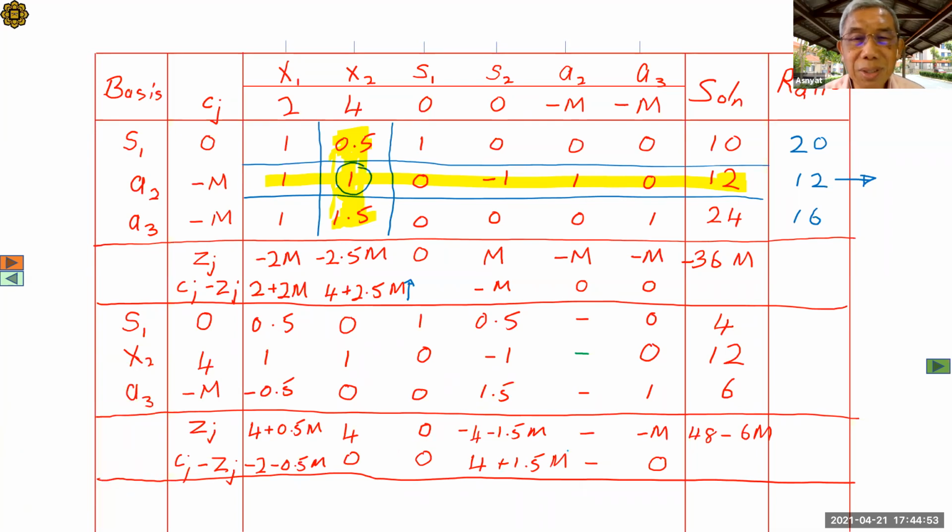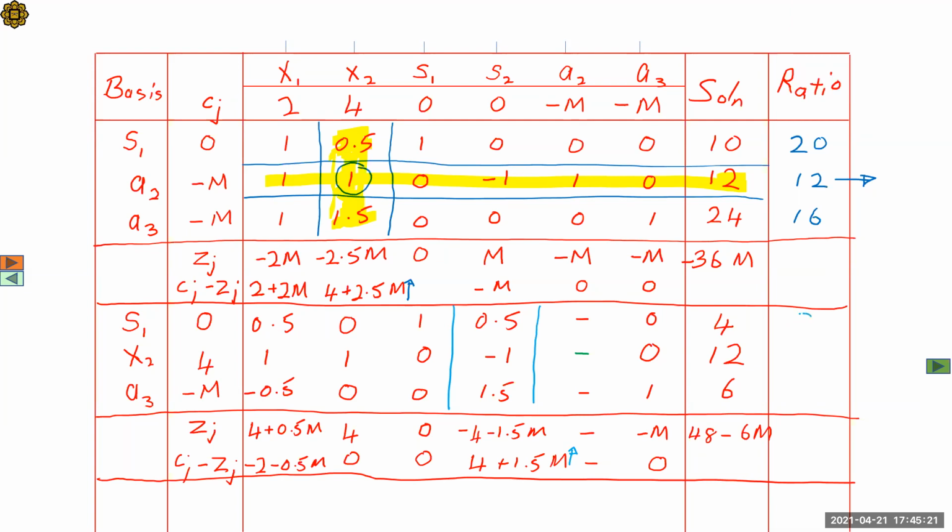So which one is the pivot column? S2. So this one, S2. Now let's determine the ratio. We want to know the pivot row. 4 divided by half, 8.